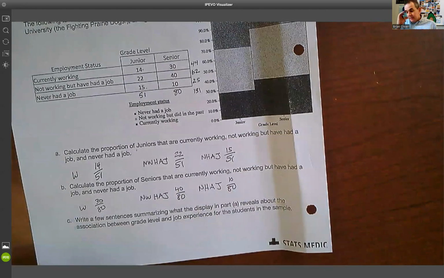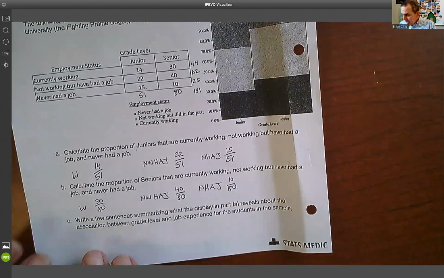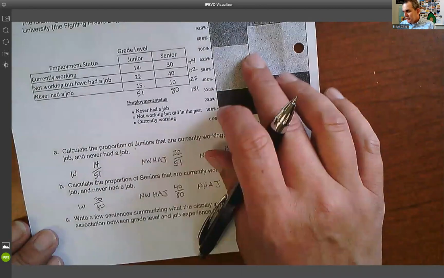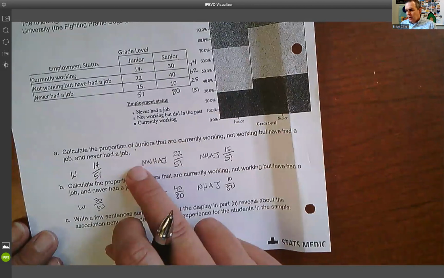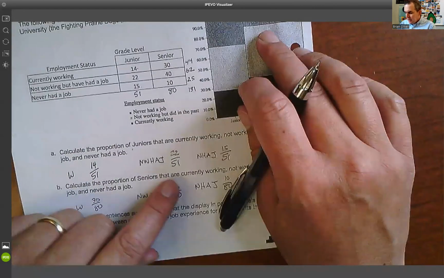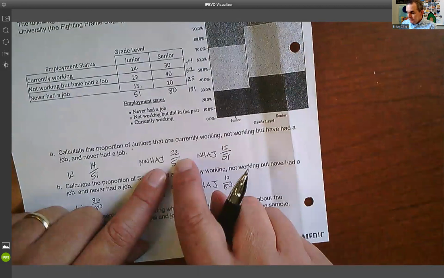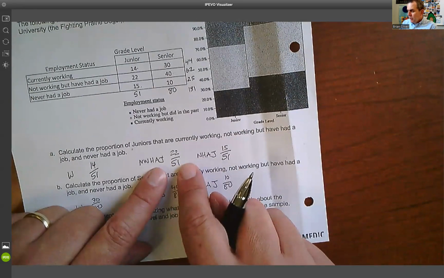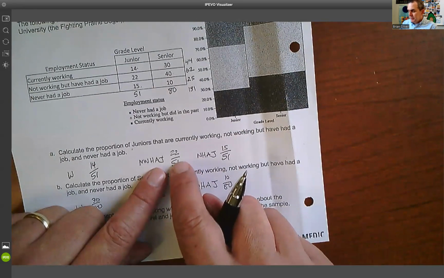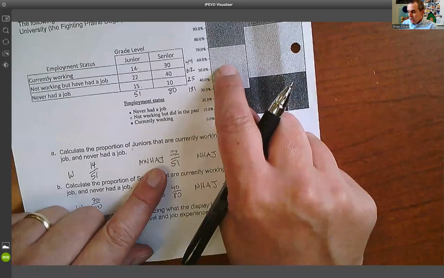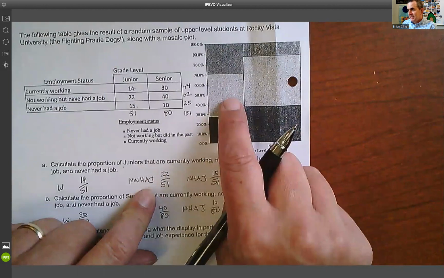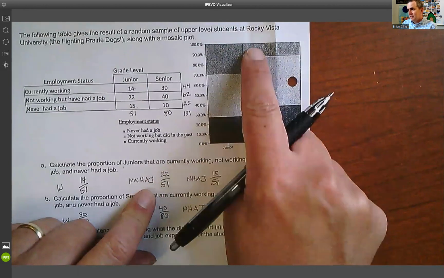So now if we want to take a look at this in terms of summaries, how could I summarize something? If you look at this in part A, really the percentages don't tell the whole story. While it looks like a large number of juniors are not working but have had a job, what I want to notice is that of these 22 people, yes, it's a large number, but when you compare this to all seniors, this size box is much smaller.